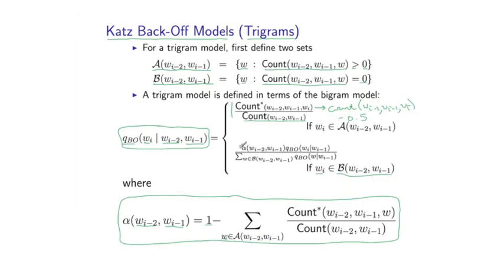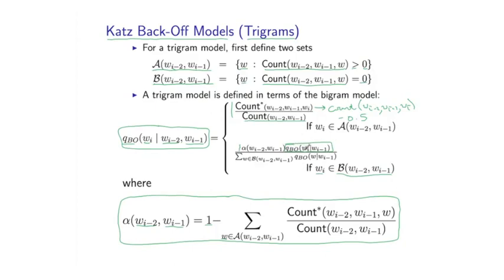We're again going to split this missing mass between the words in the set B, and now we're going to split it in proportion to the backed-off estimate at the bigram level. This is just the estimator I showed you on the previous slide. We essentially have a recursive estimate, where we look at the backed-off estimate at the level below, the bigram level.